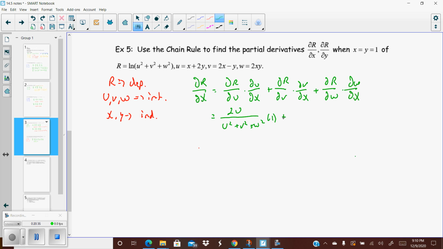Ironically, it's going to be exactly the same thing as with respect to u, except it'll be a 2v on top. Okay, hopefully you're able to follow that. And then dv dx is going to be 2.